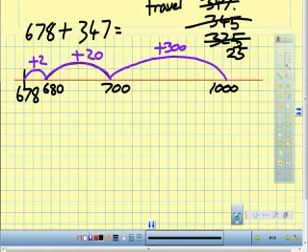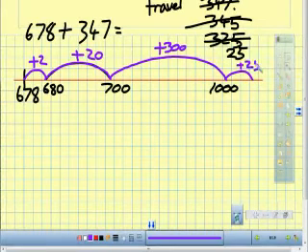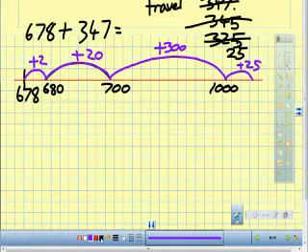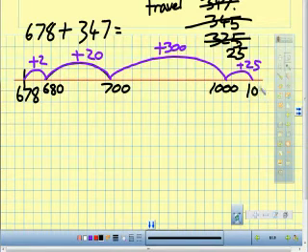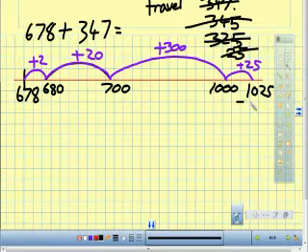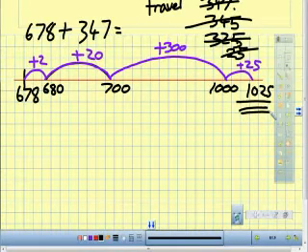I'm left with 25. So now I just put the last bit on that I've got, which is 25. And that takes me to 1,025. Got nothing left. And that is my answer, 1,025.